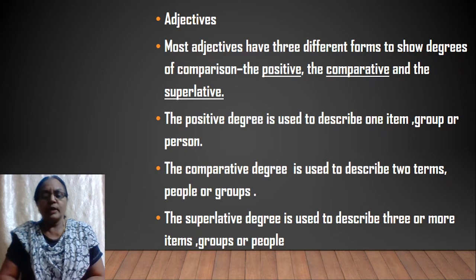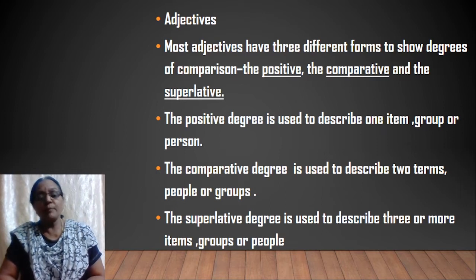Okay? Now, what about the comparative degree? The comparative degree is used to describe two terms, people or groups. So, the positive degree is used to describe just one item, group or person, and the comparative degree is used to describe two.